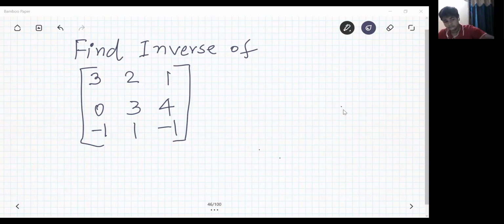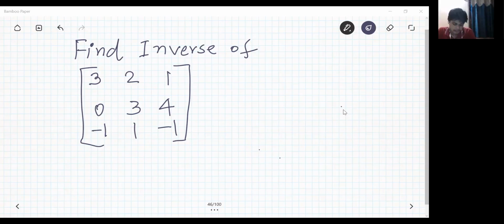While doing, if you keep telling, then I can also understand what you are doing. 3 into -1 is -3, -4, -2 into 0 -1 is 0. How do you start doing this problem?